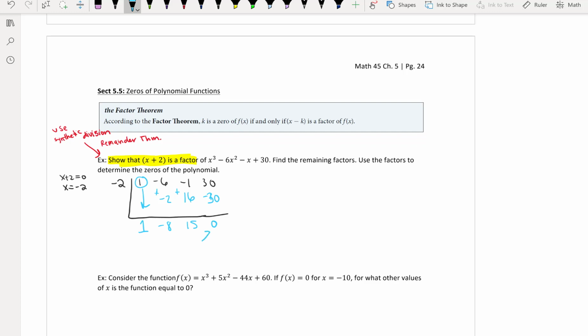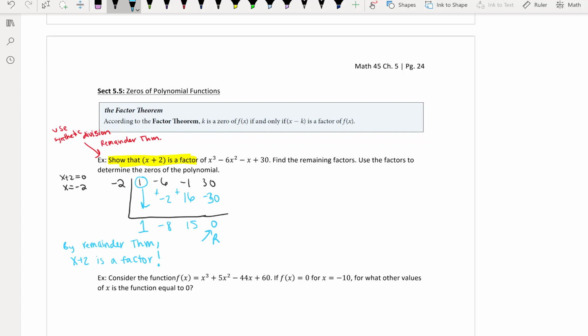So the fact that my remainder is 0, then by the remainder theorem, x plus 2 is a factor. So I have just shown that x plus 2 is a factor.